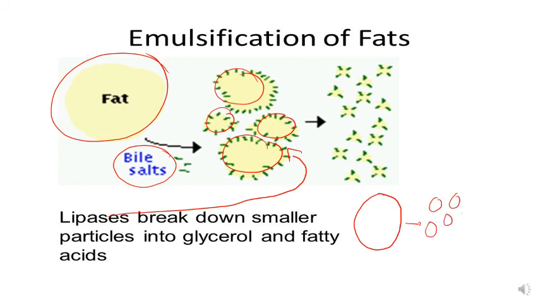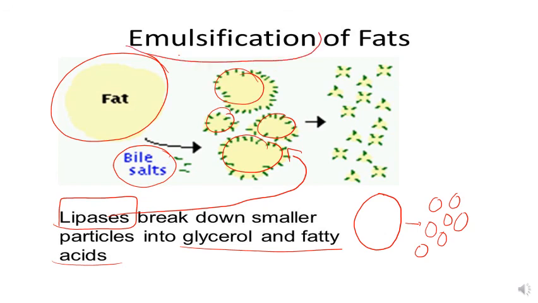That's why digestion is going to be easier by the enzyme lipase that digests the lipids into fatty acids and glycerol. So the role of the bile is the emulsification, the separation of large and complex food molecules into smaller ones. This is the role of bile.